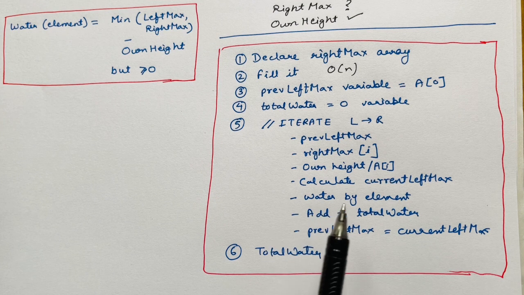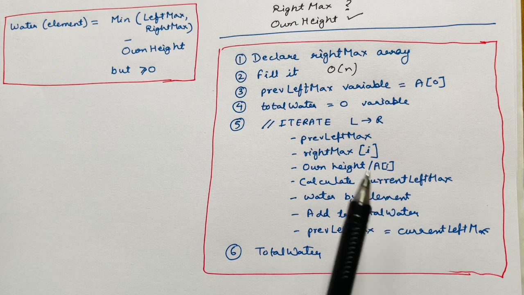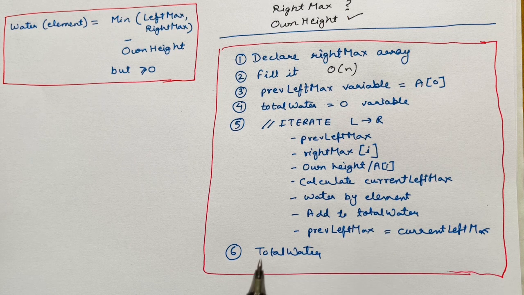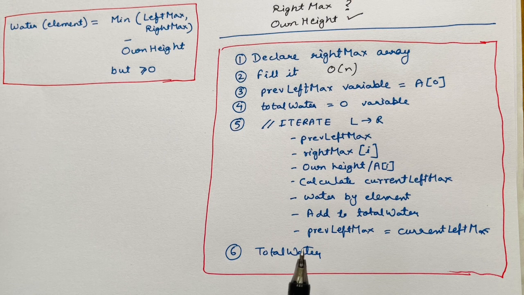Then we can calculate the water by element because now we have the current left max, we have the current right max, and we have the own height. We can now add it to the total water. And finally, we can update the previous left max to the current left max because it will be used in the next iteration. Finally, we return the total water.